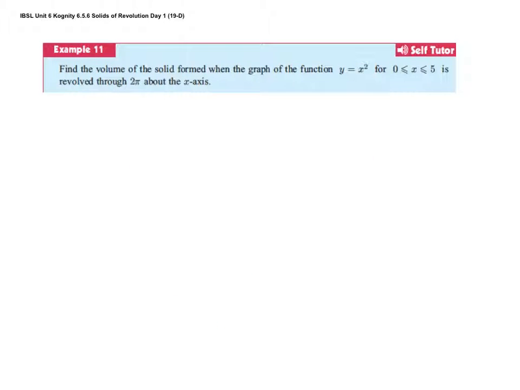Here's another one that's a little more complicated. This one looks pretty cool if you sketch it. We have y equals x squared from 0 to 5. So here's 5. 0 to 5, it's going to look like this because it's going up to 25. Check out what this looks like. We'd have this, and that would be like this enormous circular part.